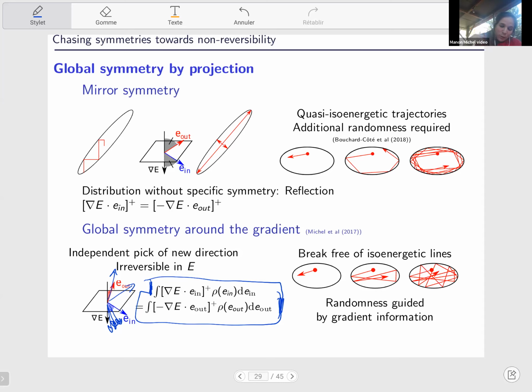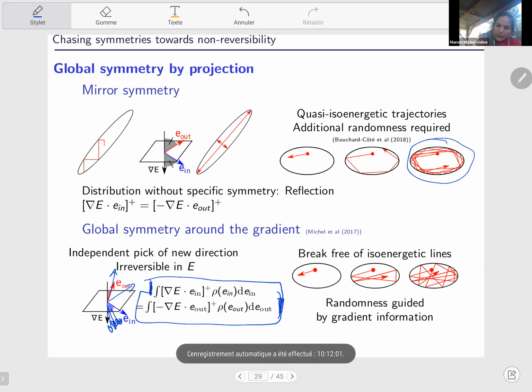And so what we'll be doing is that instead of having this reflective type dynamics, at each point where you need to change direction, you'll be picking a different angle, okay?